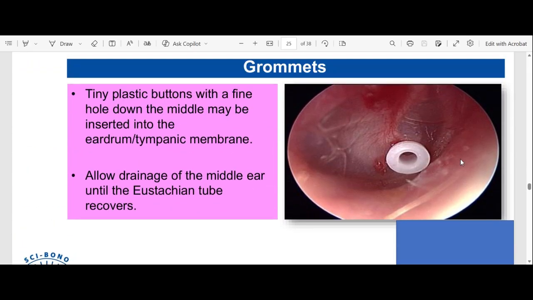As you can see, they are just plastic buttons that are inserted in your tympanic membrane in order to drain out the fluid from the middle ear, right? When there's fluid in your middle ear, your ossicles, those three bones that amplify sound, can no longer move freely, right? So it allows the drainage of fluid from the middle ear.